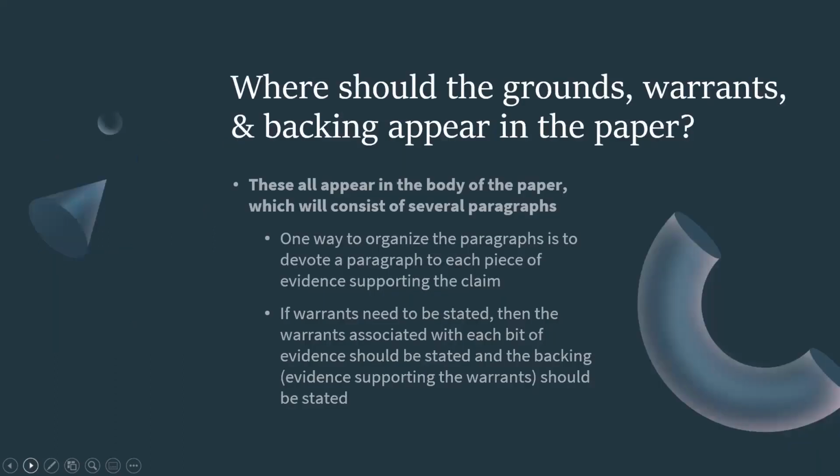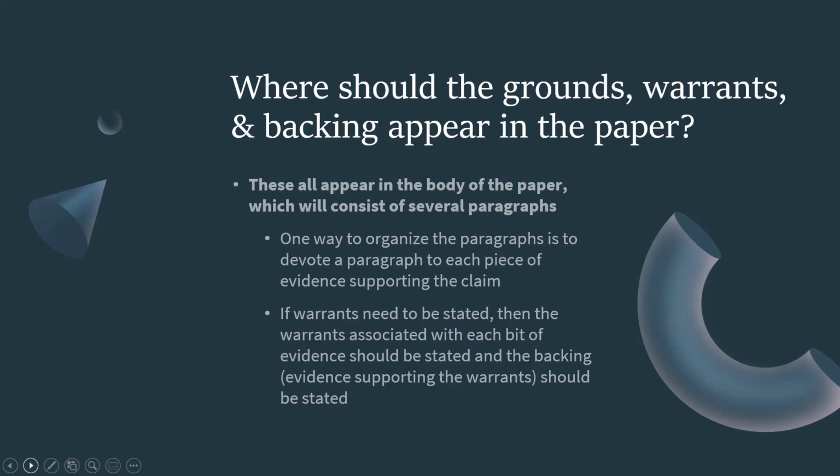So we've looked at where the claim and the general supporting reasons, in particular the enthymeme, should appear within the paper. Typically that will occur within the first paragraph or so, really early in the paper. It's not that the enthymeme has to be the first sentence in that first paragraph, but it really needs to be present, because that's going to be the meat of the body of your paper, the unfolding of that.